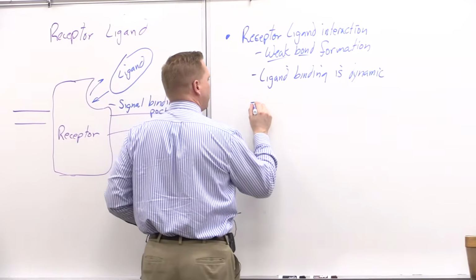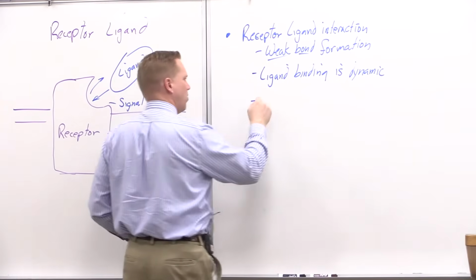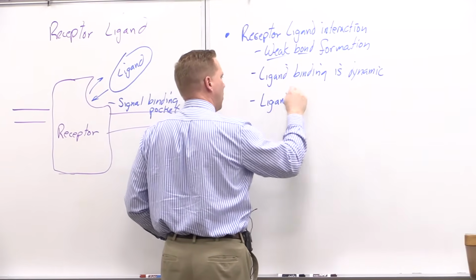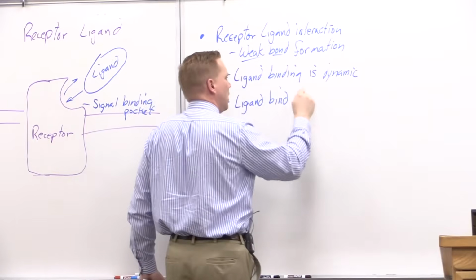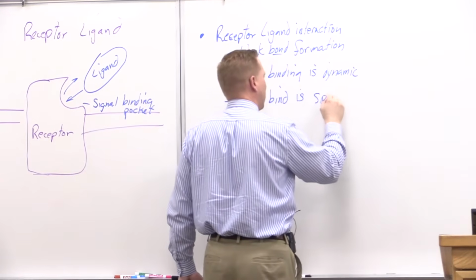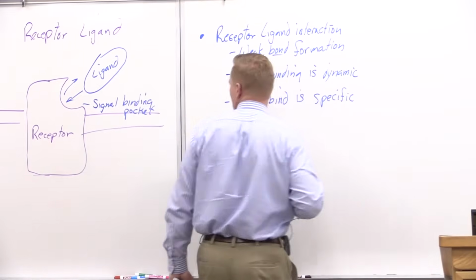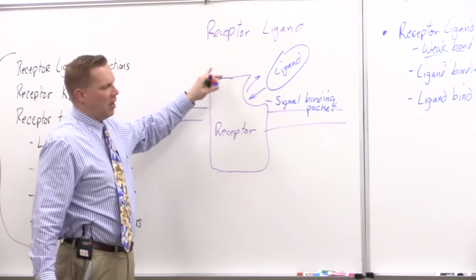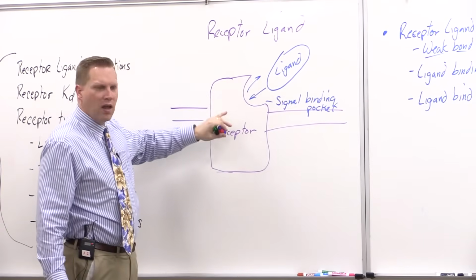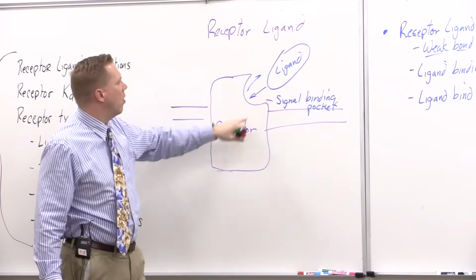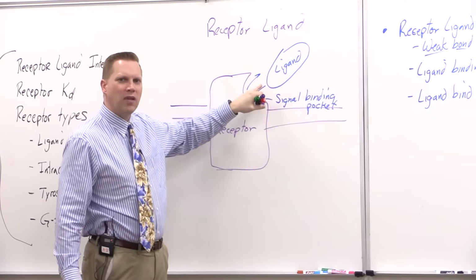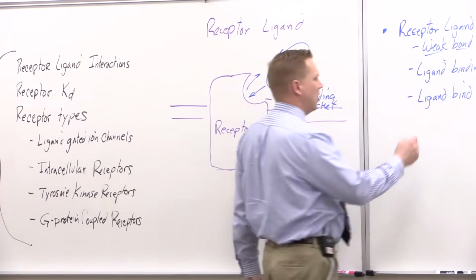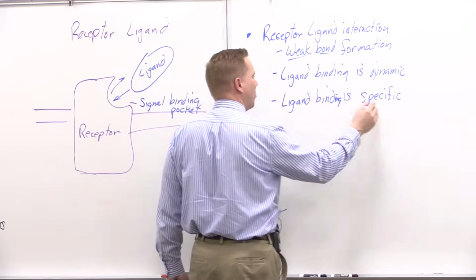That said, let's talk about another feature, and that is that ligand binding is specific. When that ligand comes in, there can be tens to dozens to scores of different receptors on the surface of the cell. But this ligand, that signal, is only going to bind to its appropriate receptor, because ligand binding is specific.